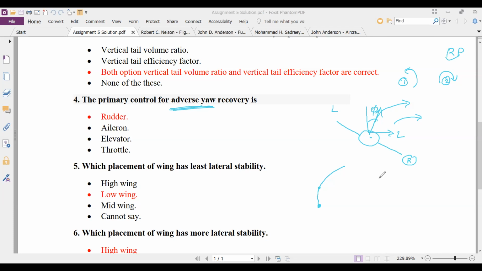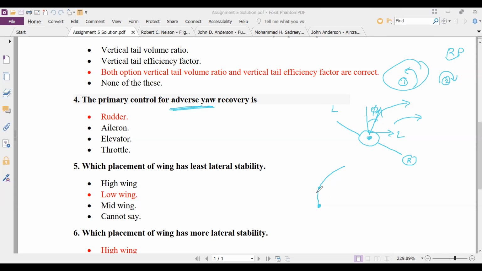Okay, so let me make it simple. If the aircraft is trying to take a right coordinated turn, it is going to put the right wing down so that it can turn. Now, let's say adverse yaw kicks in. If it was adverse yaw, then the aircraft will turn like this, because it's adverse.